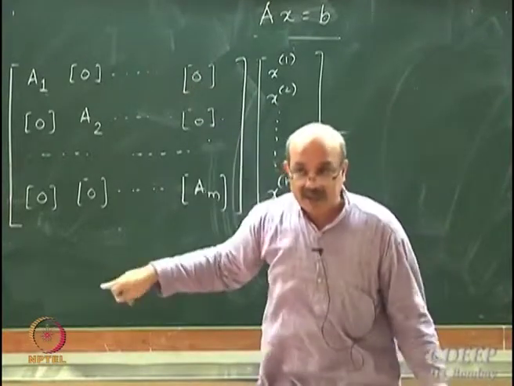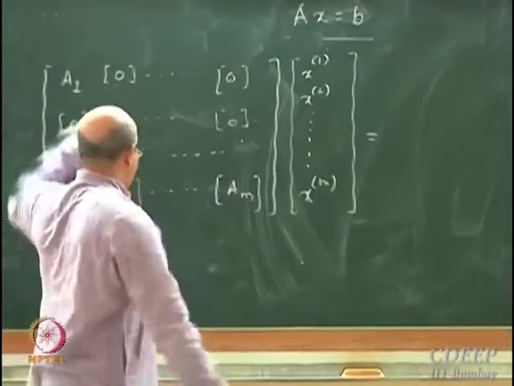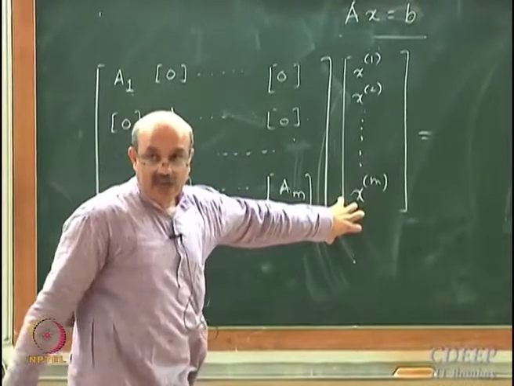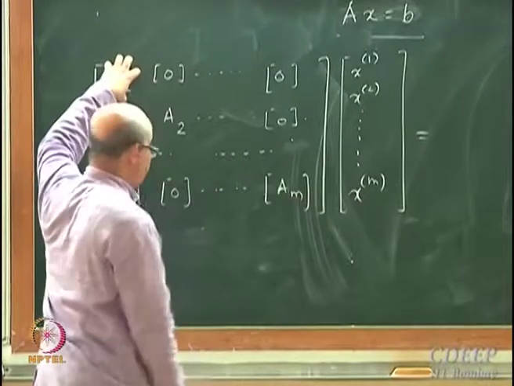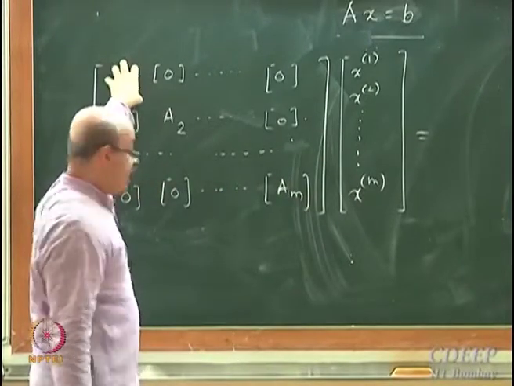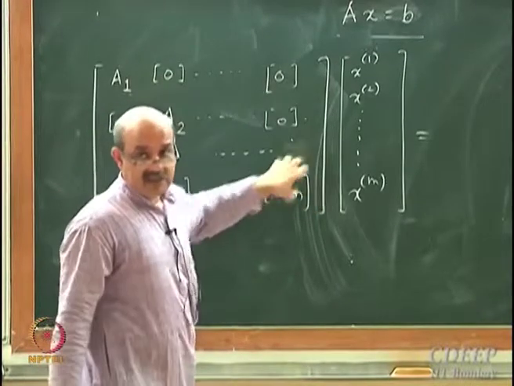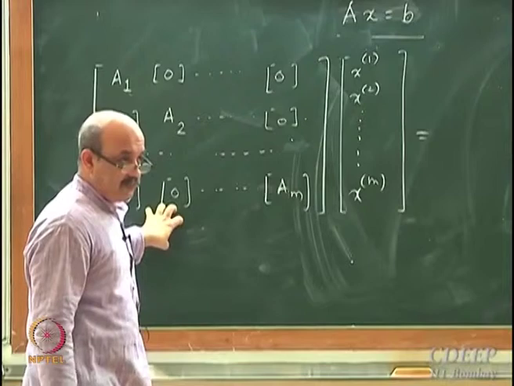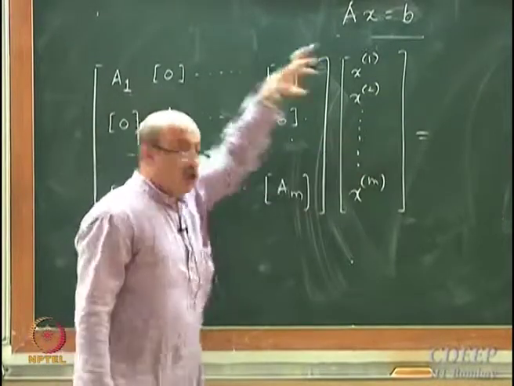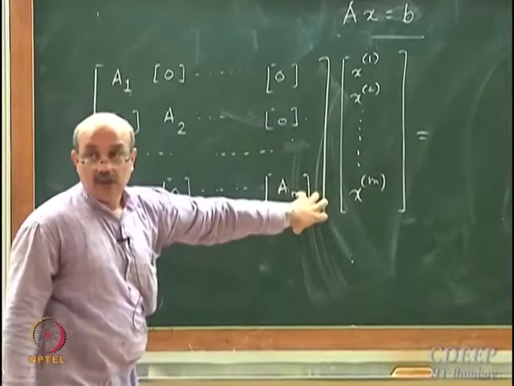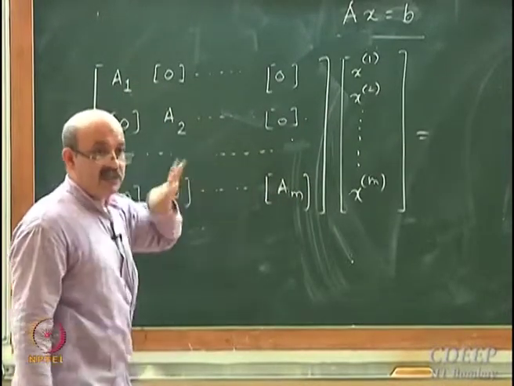So this is a sparse matrix because non-zero elements appear along these diagonals, and then this is a dense matrix, this is a dense matrix, this is a dense matrix, but all these are zero matrices, null matrices. So this is a huge matrix filled with a large number of zeros. Only here on the diagonal you have some small sub matrices which are dense.